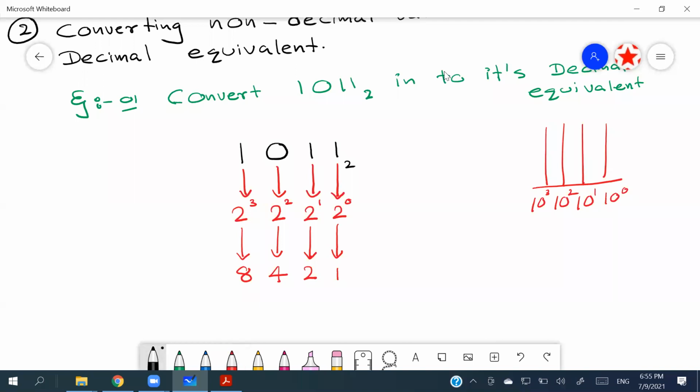Now we have something special to do. We have to consider the place value and the corresponding symbol value. So by considering these two, we are going to multiply them with each other.